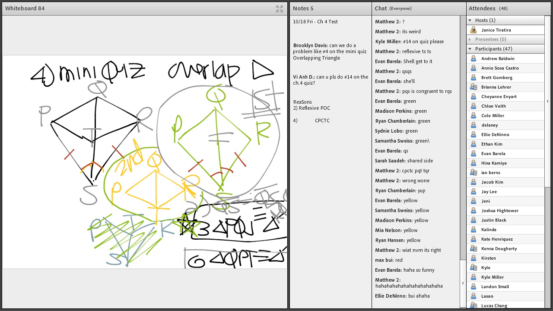Therefore, it's useless to say angle P is congruent to angle R, because angle P over here and angle R over here is totally different from this tiny angle and this tiny angle. So that one is a useless piece of information for CPCTC. Do not use that for step 4, CPCTC. That's not going to transfer from green to yellow.